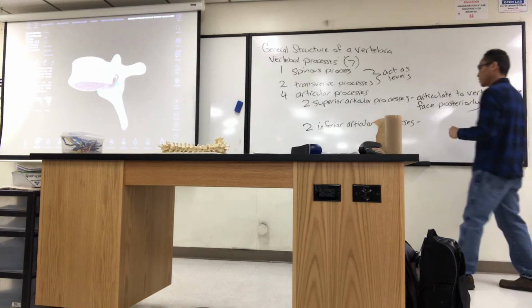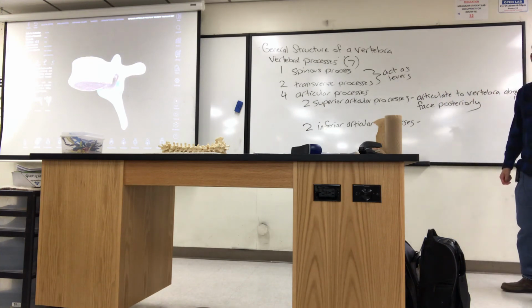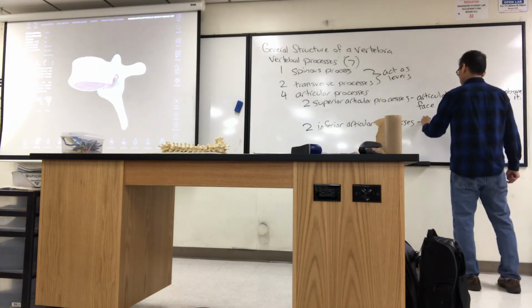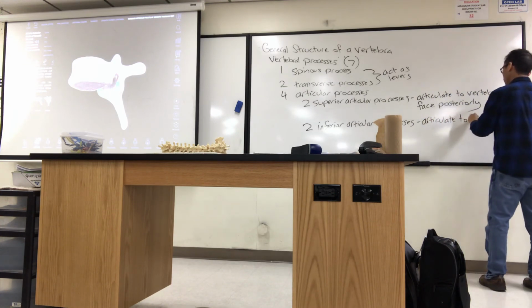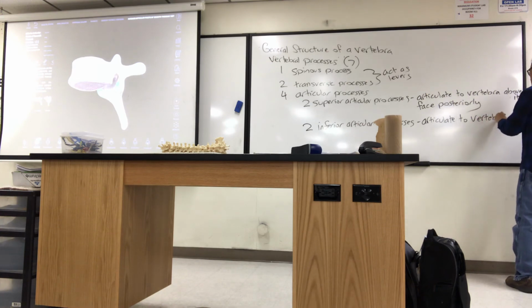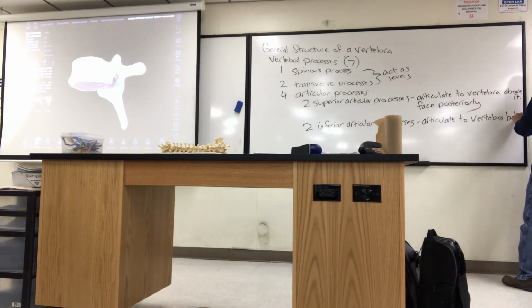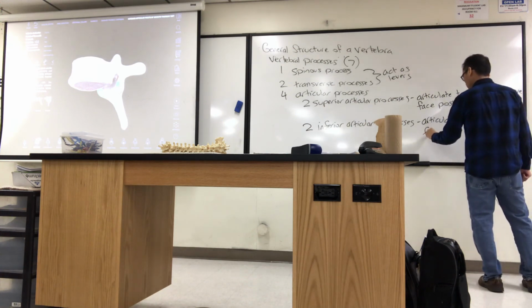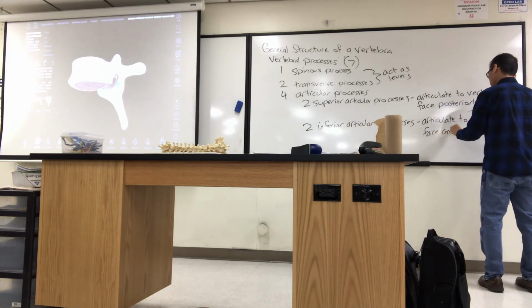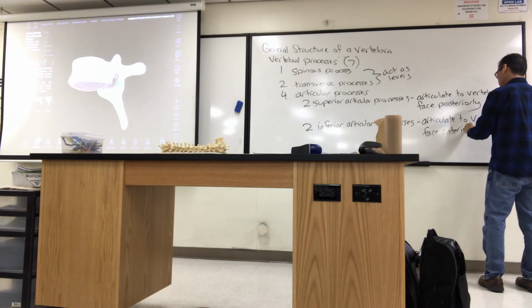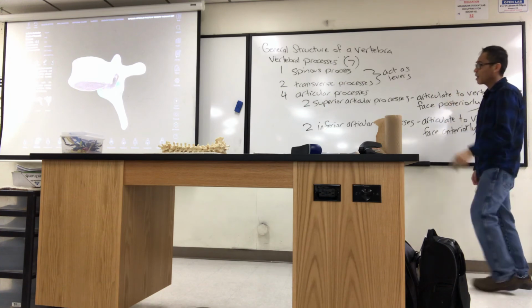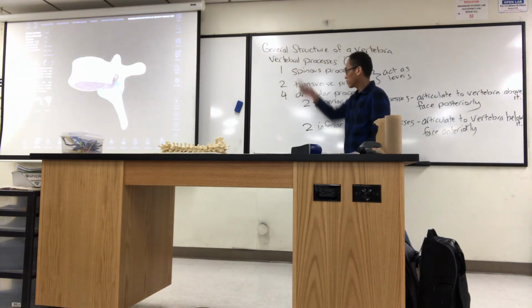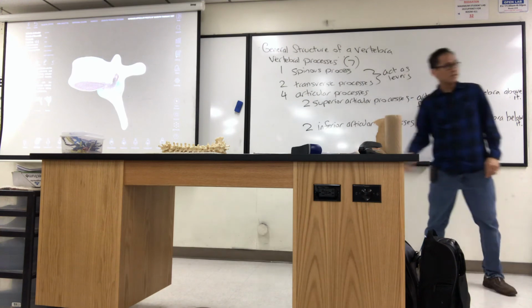They articulate to the vertebra below it, and they face anteriorly. So count them. How many did we do? 4, 6, 7. Okay, so that's 7.